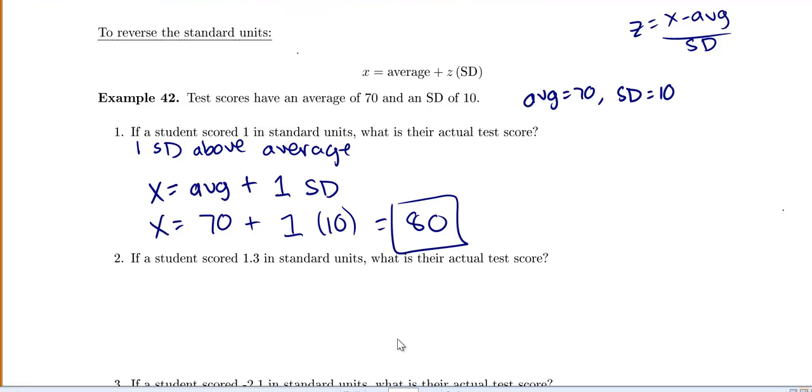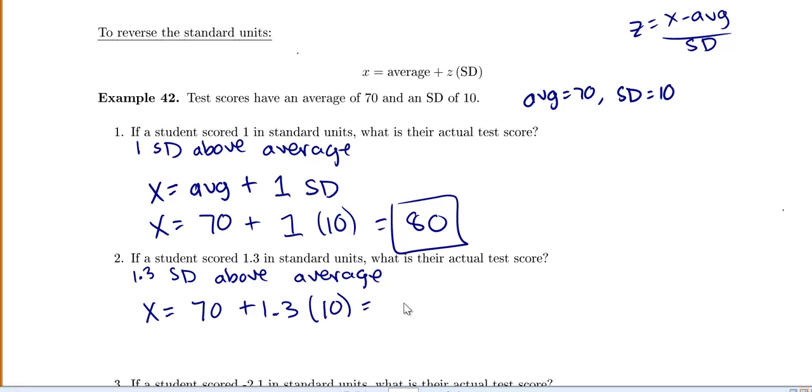Number two, if a student scored 1.3 in standard units, what is their actual test score? So that's 1.3 standard deviations above average. So x is going to be the average plus 1.3 standard deviations. So 83.